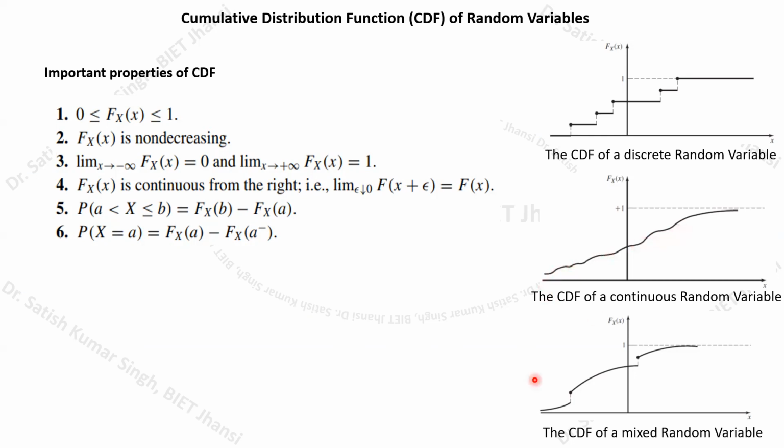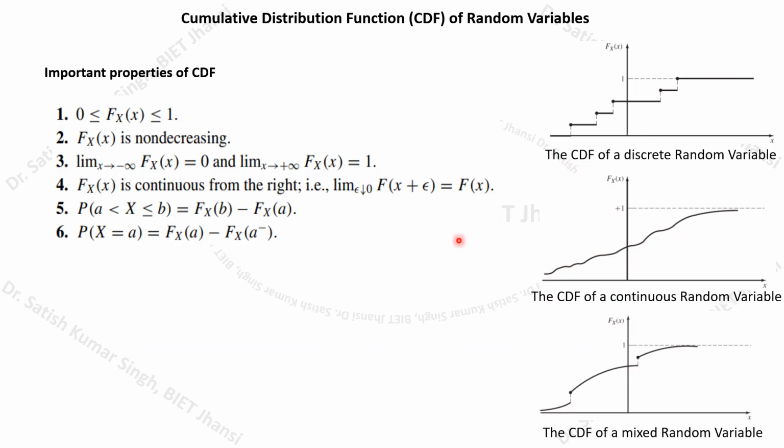And if it is a mixed random variable, containing both discrete and continuous parts, then the graph will be something like that. These are the different kinds of graphs, but one very important thing to understand is that it is always an increasing function of x.